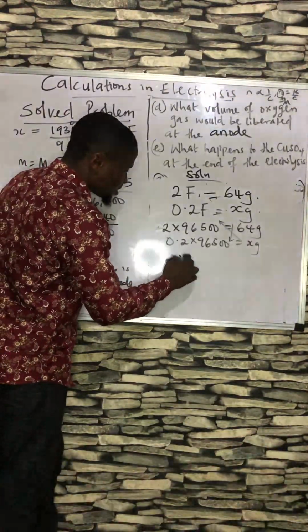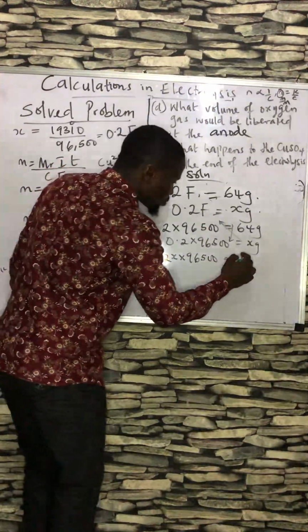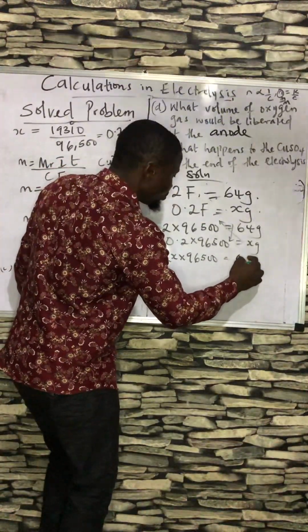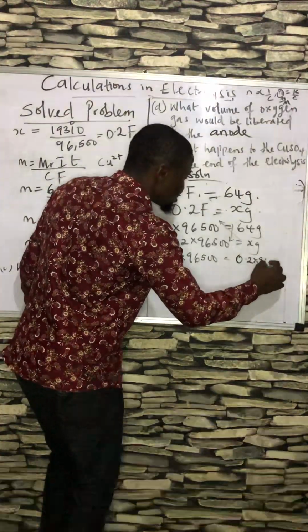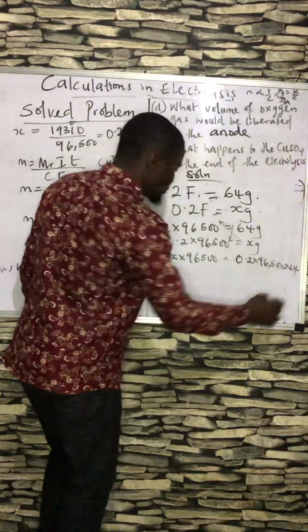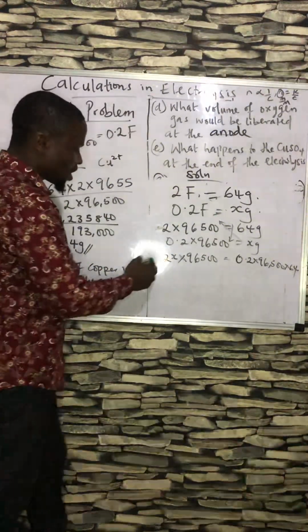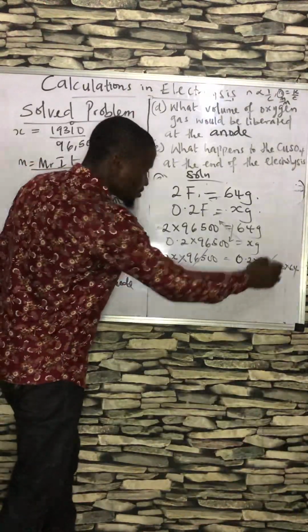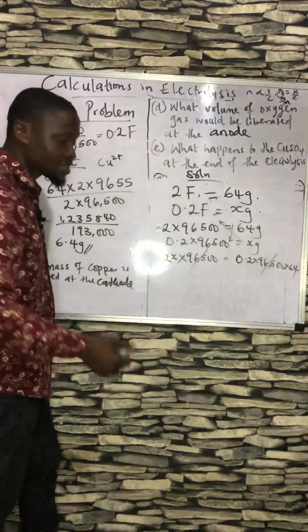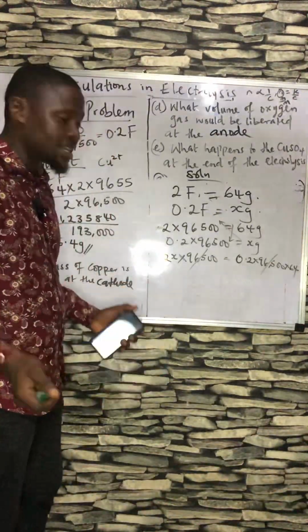When you do that, you have 2x times 96,500 equals 0.2 times 96,500 times 64. Mathematically, this can cancel out. Of course, it can cancel out since they are of the same sign and the same magnitude.